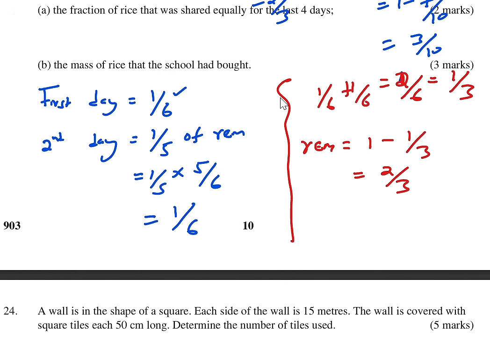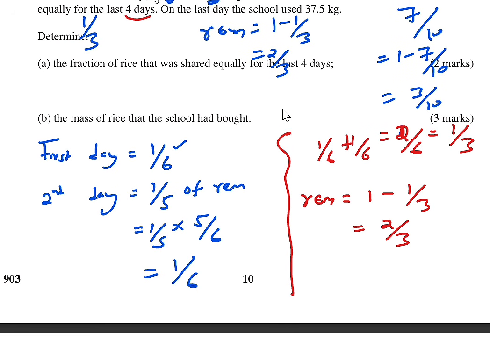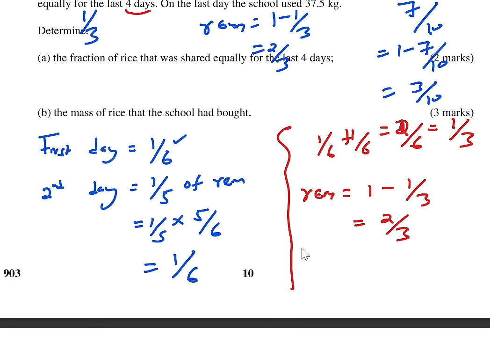So to know the amount for 1 day for the remaining days, we divide 2 over 3 divided by 4. You get that in the last 4 days they used, per day, 1 over 6.